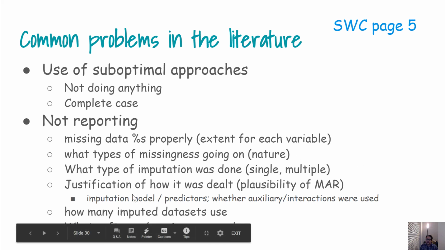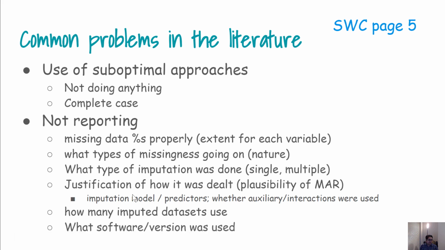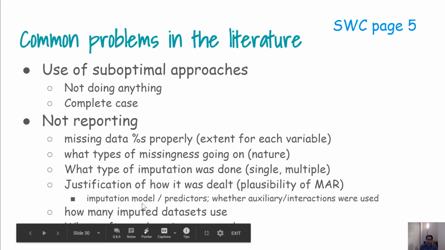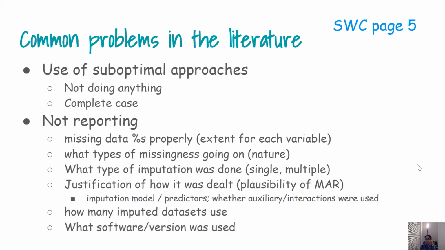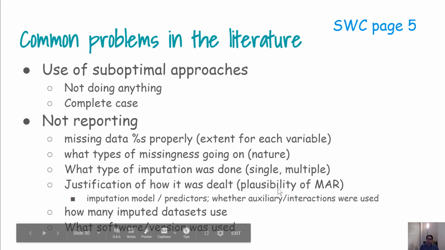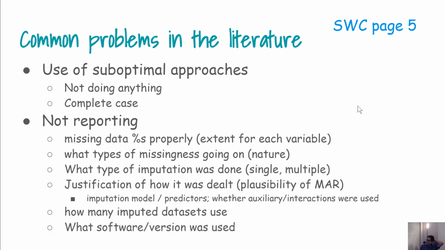Also, when we are analyzing data using missing data analysis, we should always report what our imputation model is, what the predictors were, whether any auxiliary variables or interaction variables were used or not, and how many imputed datasets were used. Those are the things we should report. We should also report which software and which software version we are using, because different software use missing data defaults differently, so it is a very good idea to report the software and version.